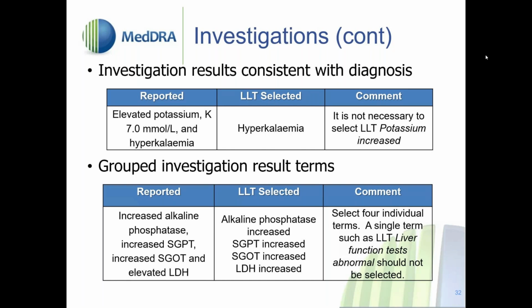What about if they're grouped? What about if you have multiple lab results that are reported together? So you have increased alkaline phosphatase, SGPT, SGOT, and LDH. That was the way that you received your report. In this case, you have a lot of specific lab results that are being reported. So your best approach, according to the PTC guideline, is to select an LLT for each of these separate results.